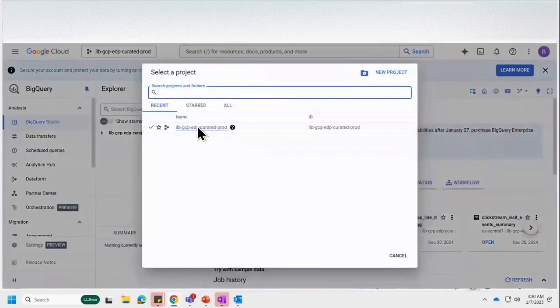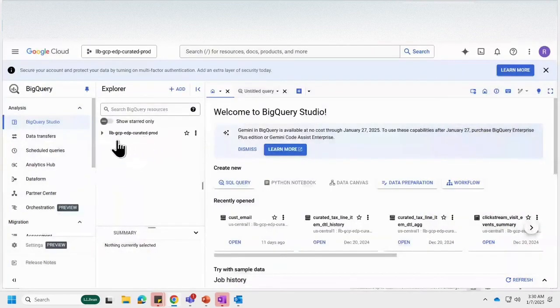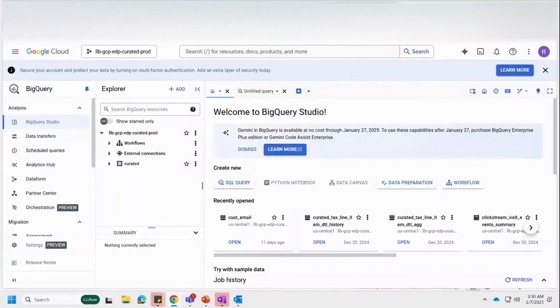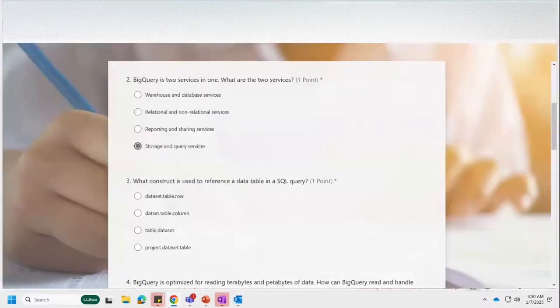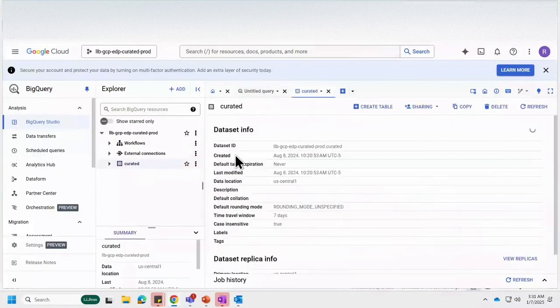Yeah, that's my project. If I enter that project, inside of this is the dataset, right? Inside of that would be my datasets, which are these, for example. You see?